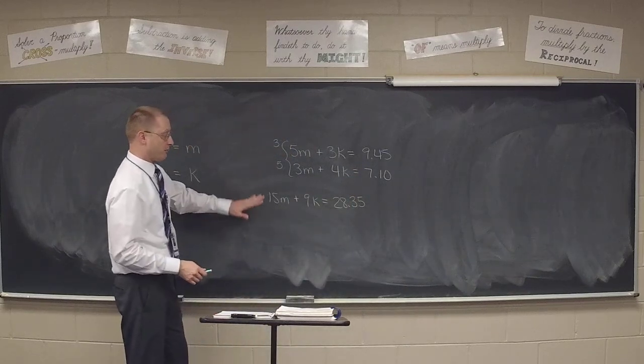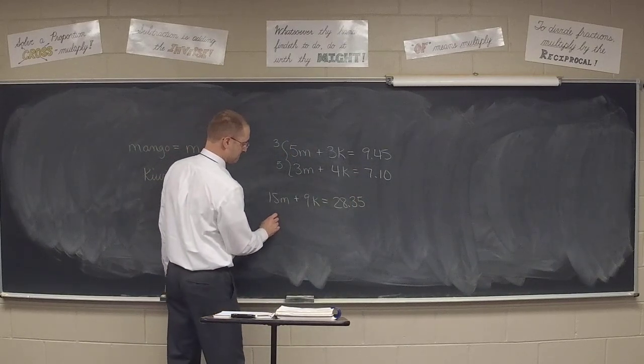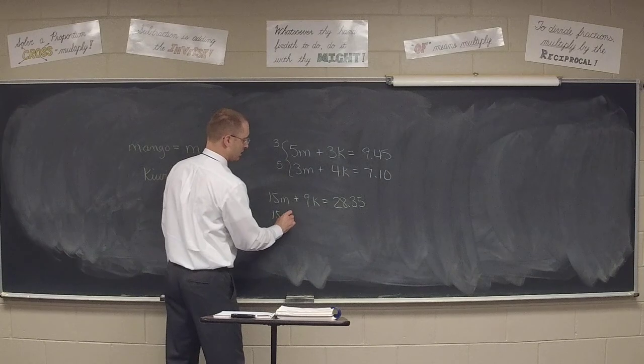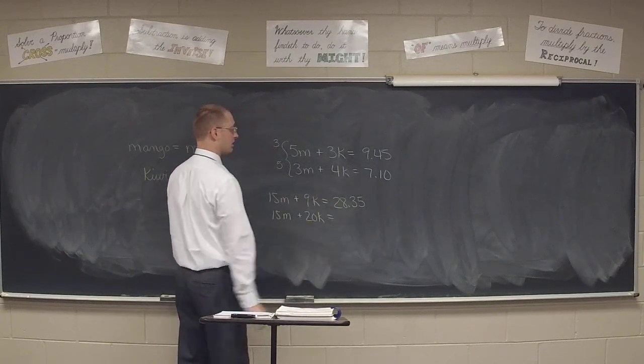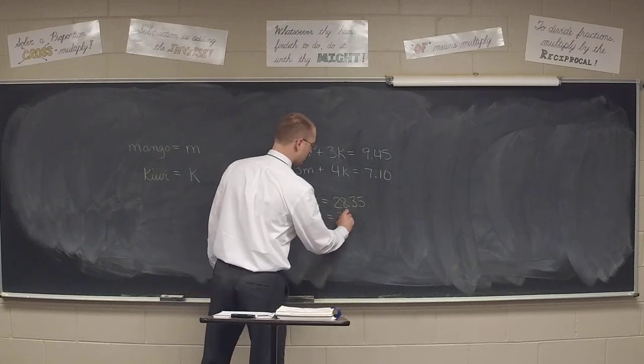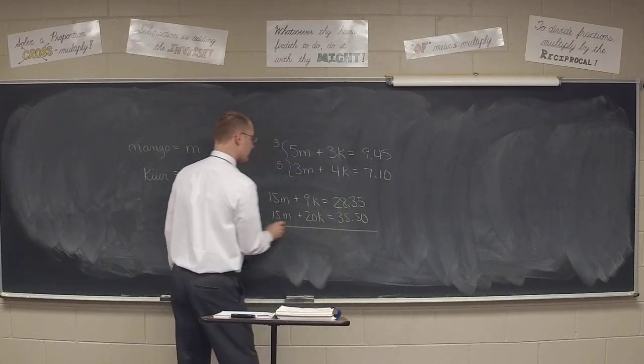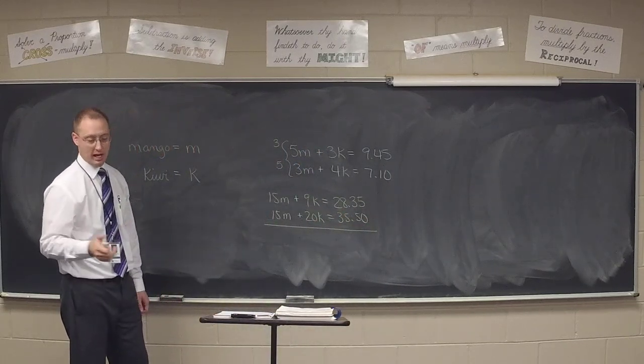And then when you multiply the 5 through the bottom equation, 15m plus 21k equals 35.50. All right. From here, Brecken, what would we need to do next?